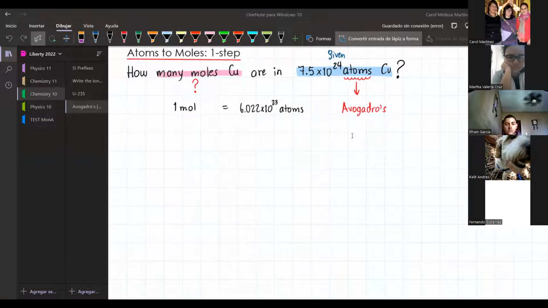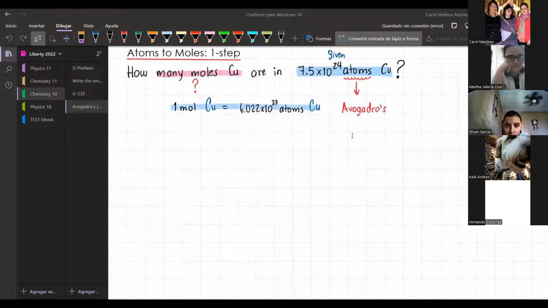We're talking about copper, so this will be about copper. If I change the element, don't worry, just change the name of the element, but the procedure is going to be the same. So this is the conversion factor that we're going to use.